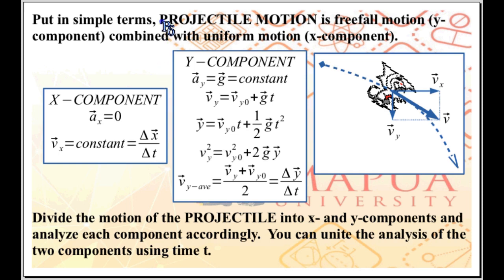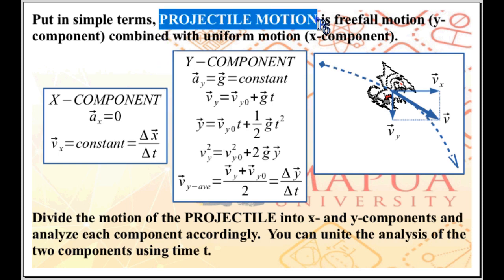Put in simple terms, projectile motion is free fall motion combined with uniform motion. Free fall motion is the y component and uniform motion is the x component.